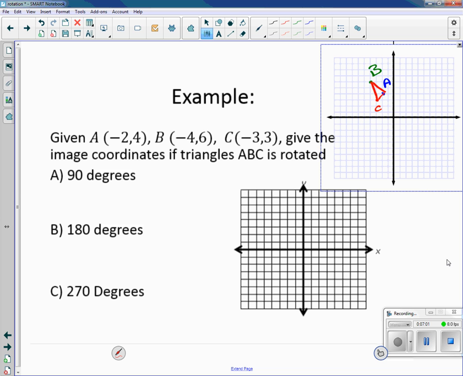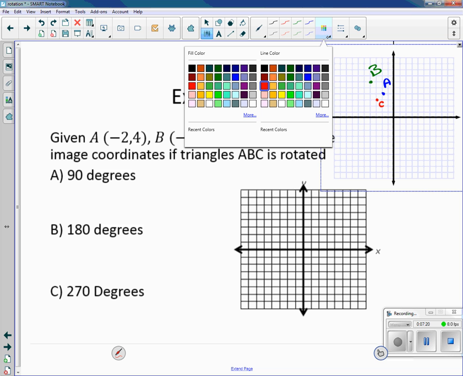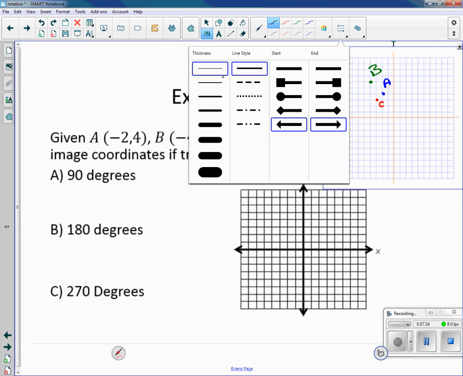Now, if I were to rotate this, I'll change my color on that. Negative 3. Let's see. This is really cute.